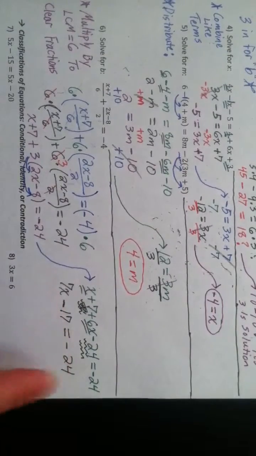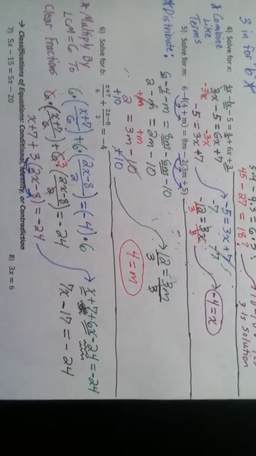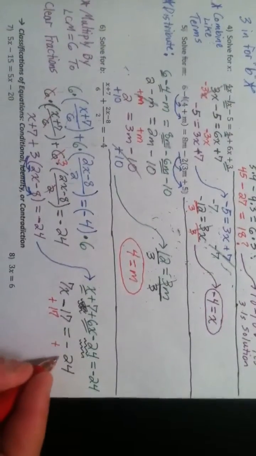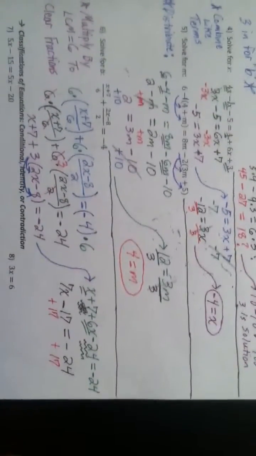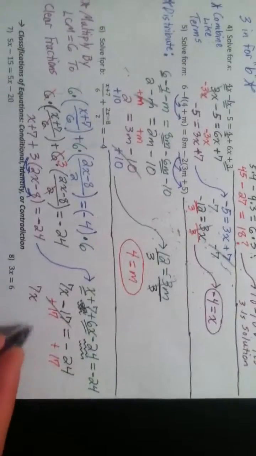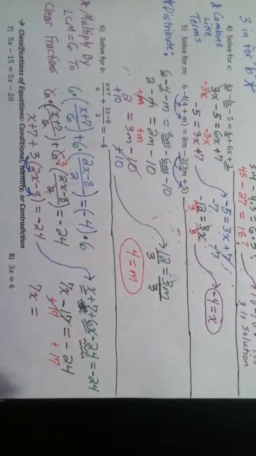Add 17 to both sides to cancel out the minus 17 here. We get 7x equals, would that give us a negative 7?